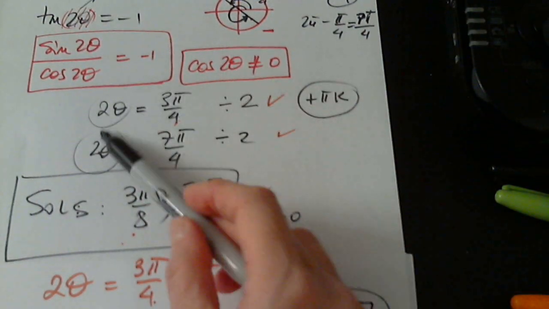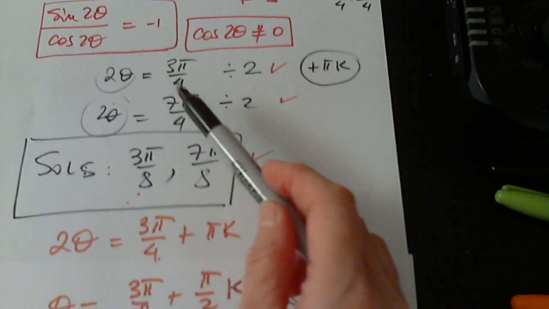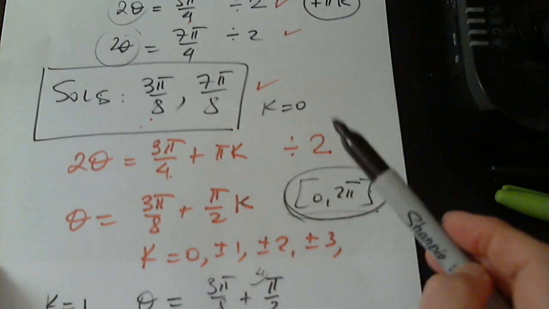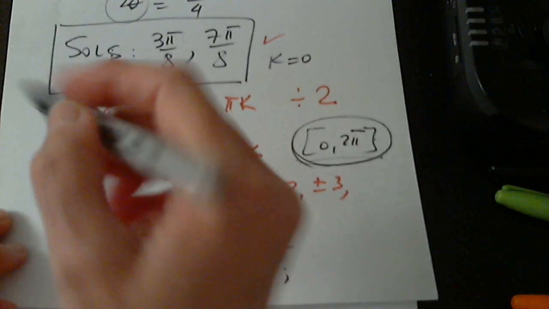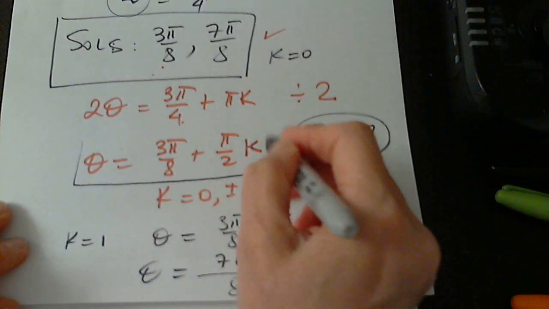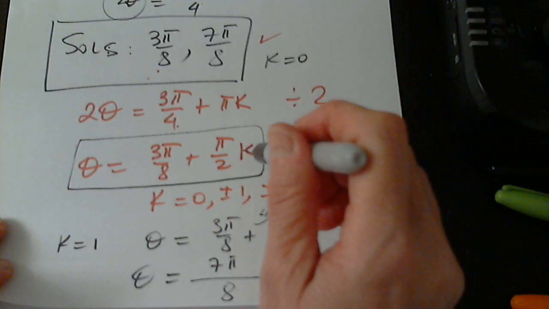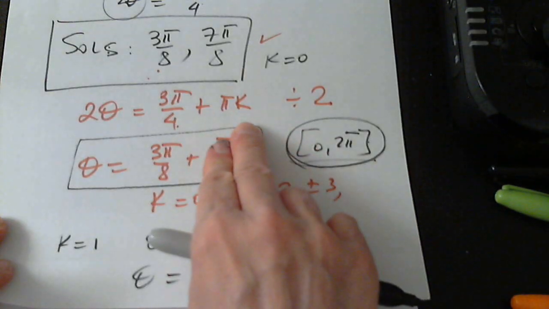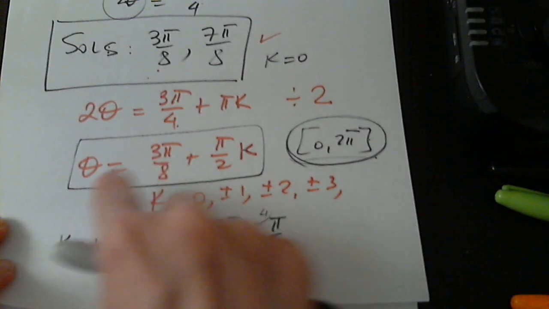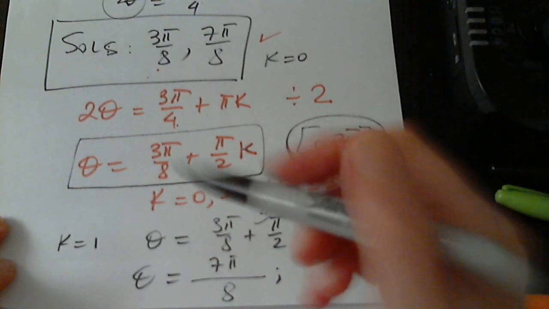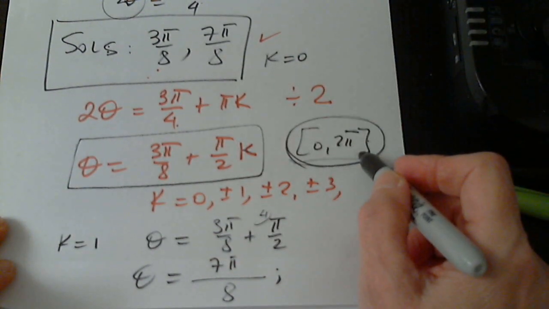So 2 theta equals 3 pi over 4 plus pi k. We divide both sides by 2. So this is the general solution. But if we only use k equals 0, we only find one option for theta, but there are other options in 0 to 2 pi.